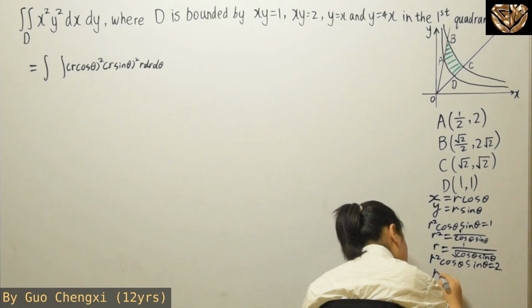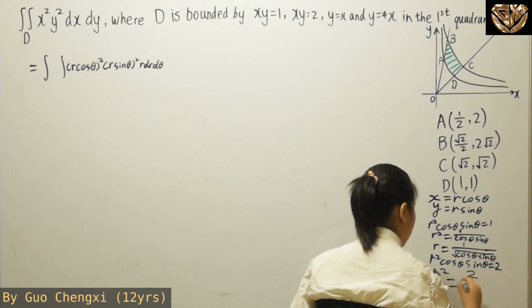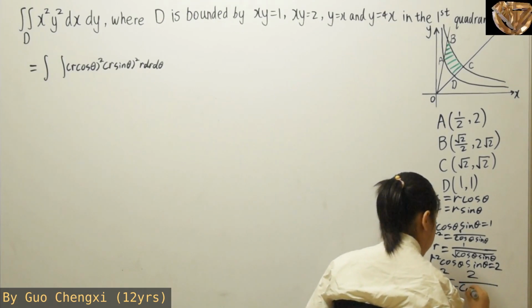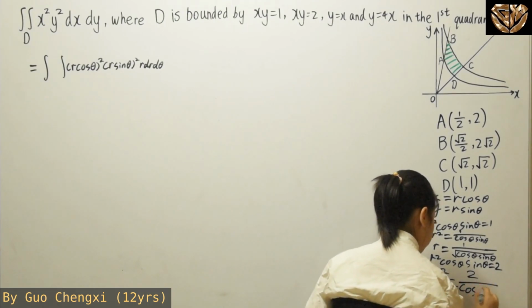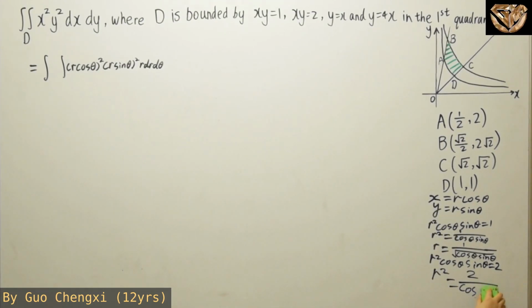For xy equals 2, r squared is going to be equal to 2 over cosine theta sine theta, and r is the square root of 2 over the square root of cosine theta sine theta.